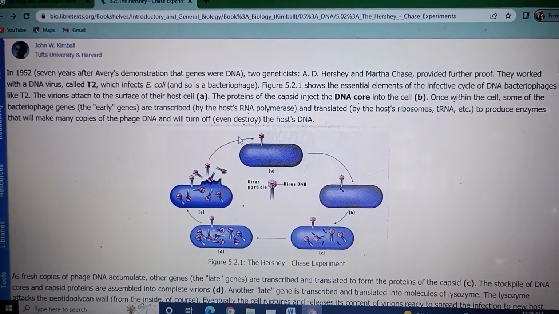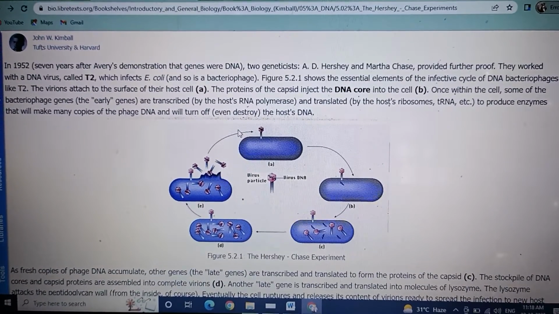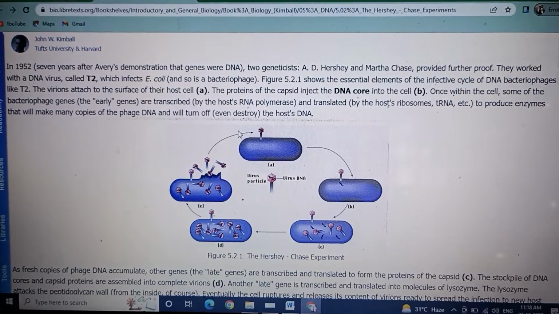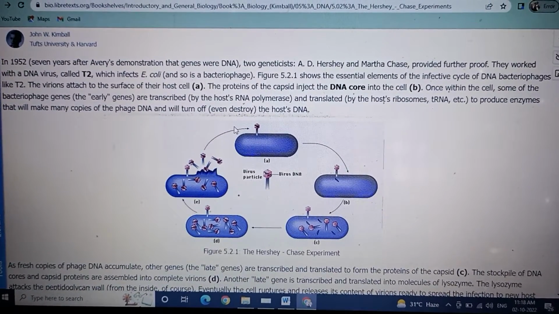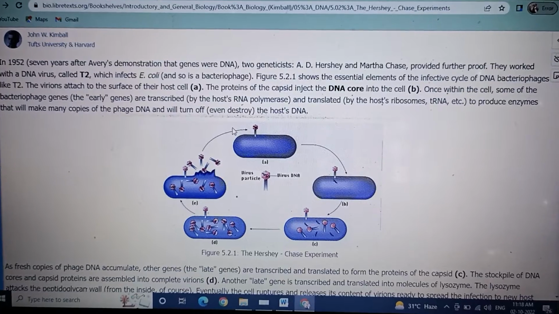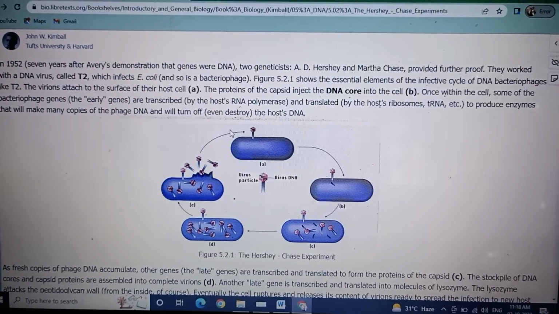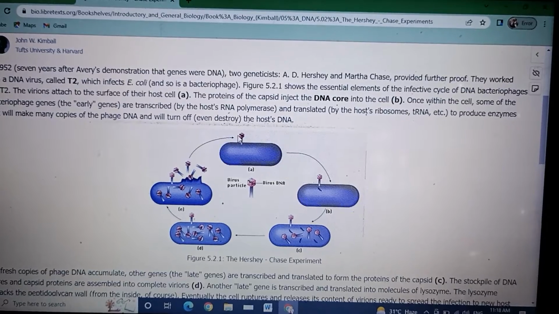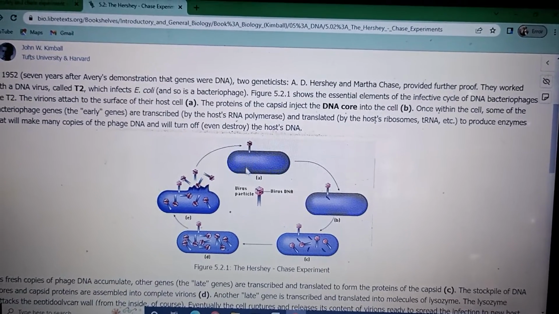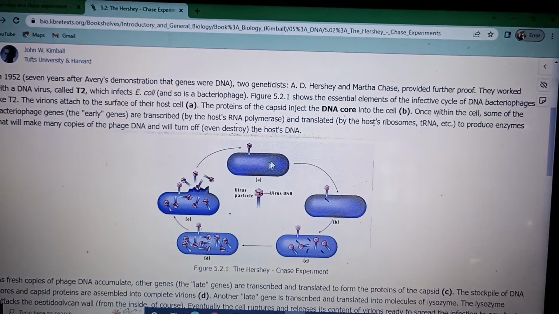So Hershey and Chase evidenced that using bacteriophages. Here they use the T2 bacteriophage, which infects the bacteria E. coli.